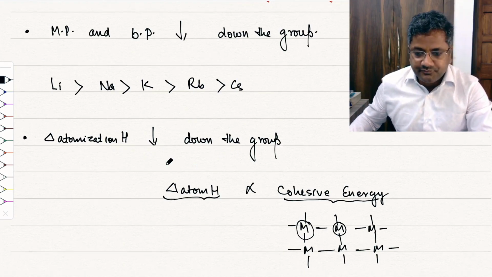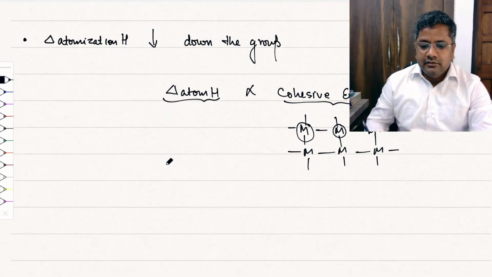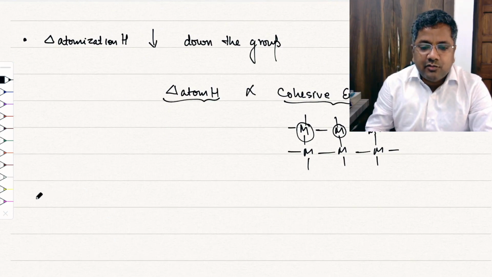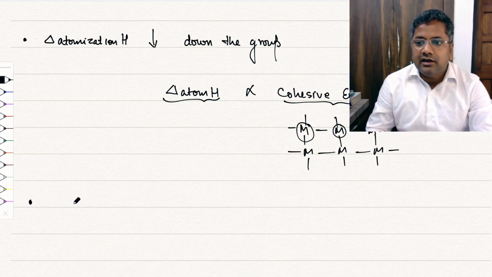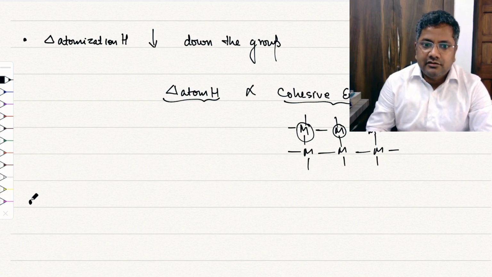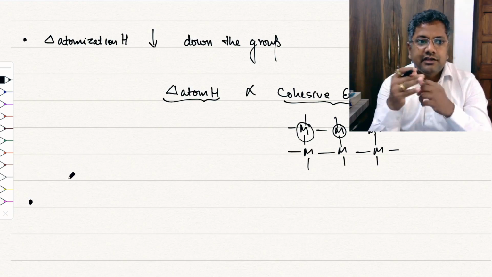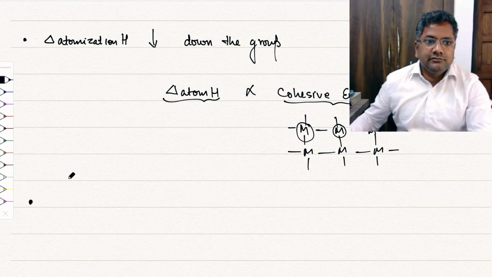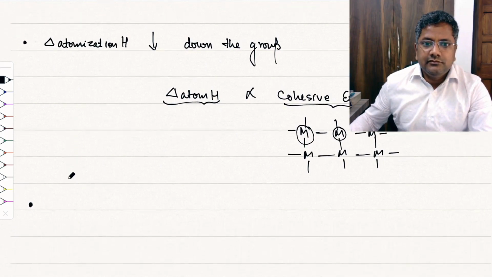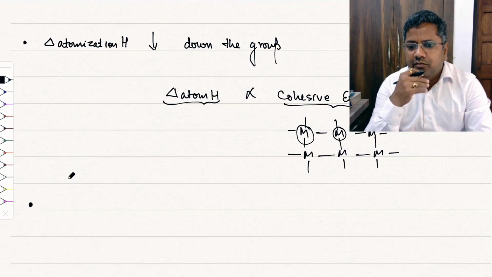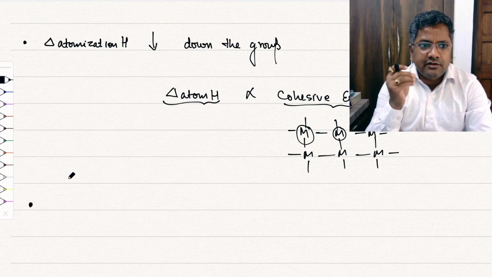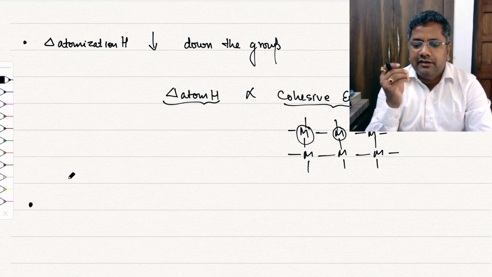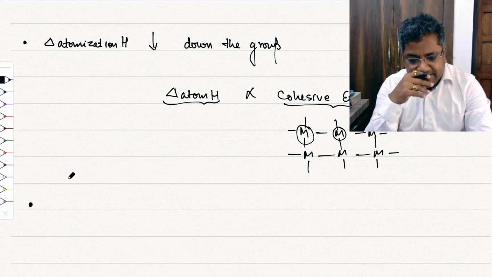Now see, the next property we can see is flame color. All the elements in this group have a characteristic color in the flame test, right?